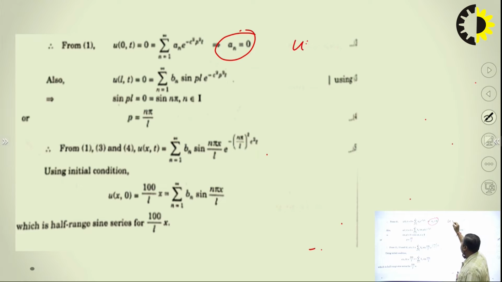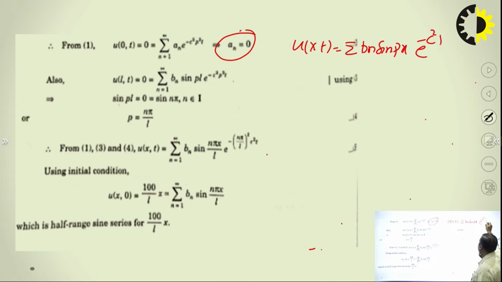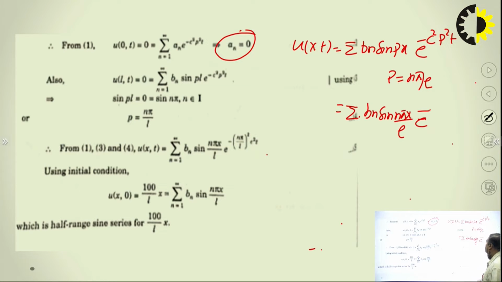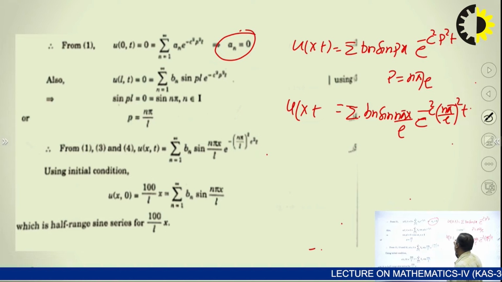Then u(x,t) equals summation bn sin px e to the power minus c square t, and p is taken as n pi upon L, that becomes summation bn sin(n pi x upon L) e to the power minus c square (n pi upon L) whole square into t, and that is the solution of the given equation.